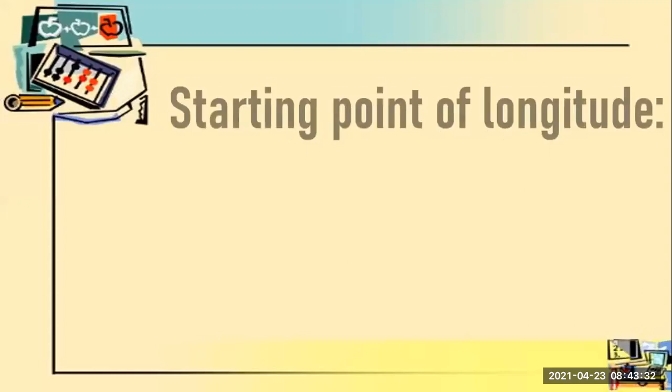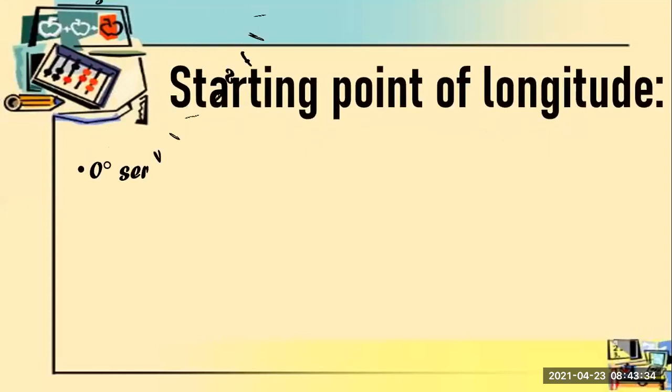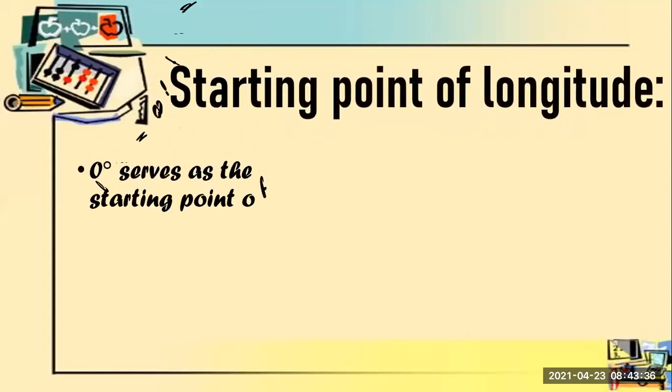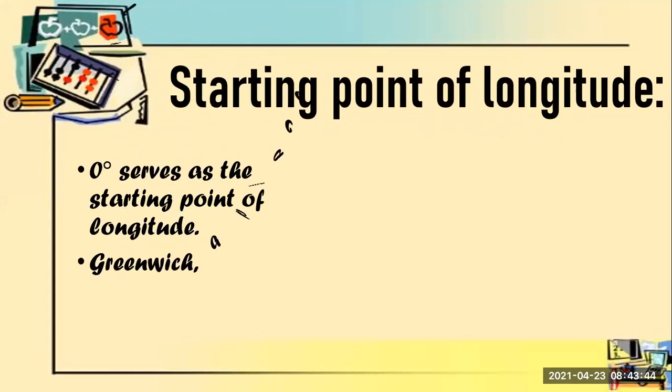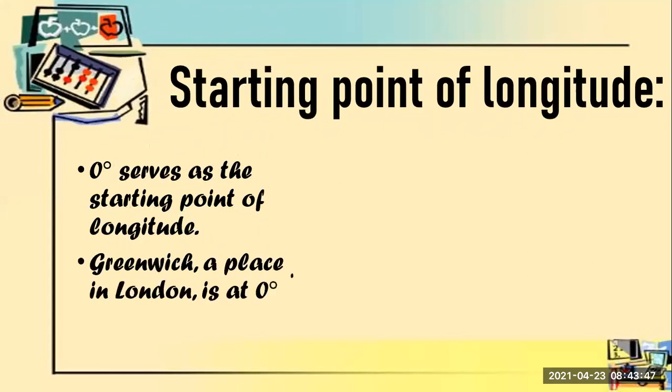So let's go ahead. 0 degree serves as the starting point for measuring the longitude. This is the middle line, and it serves as the starting point. Greenwich, that is basically a place in London, and it is at 0 degree.